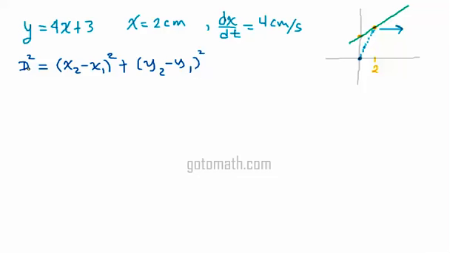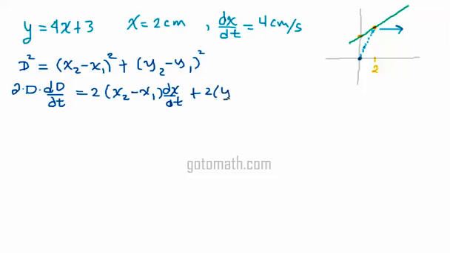And what we're going to do now is go ahead and take the derivative of this. Okay, so bring the 2 out front, and then we're going to write D with a capital D dt is equal to 2 times x2 minus x1, and then this is going to be dx over dt, plus 2 times y2 minus y1, and then this is dy over dt.